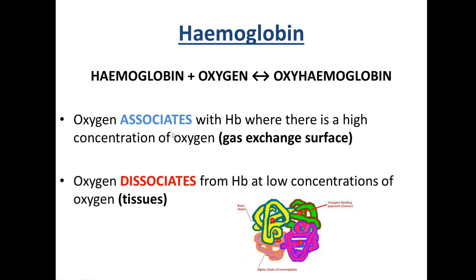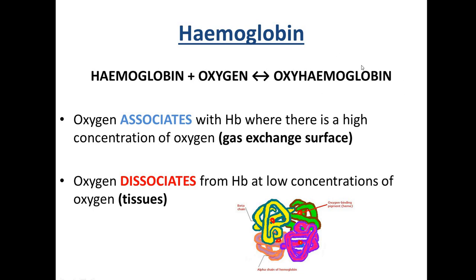So at the lungs, or places where there's a high concentration of oxygen, so at the alveoli, that is where the oxygen associates with the haemoglobin. It combines with the haemoglobin, so that would happen at the alveoli in the lungs. The oxygen would join with the haemoglobin to form oxyhemoglobin.